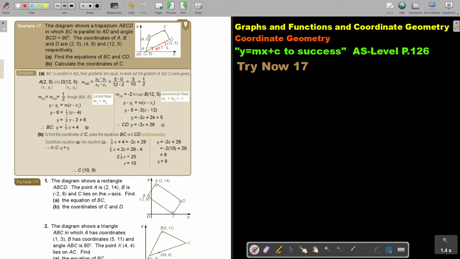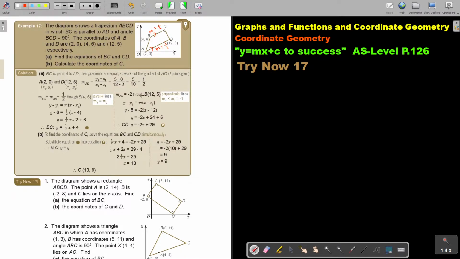Due to the fact that they are parallel, this gradient will also be a half. Now I have a point and the gradient, and I use my formula. I substitute the point in, I substitute the gradient, and that is my equation of BC.